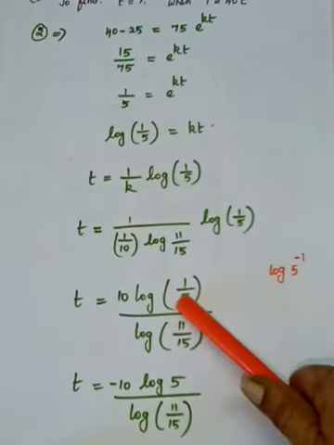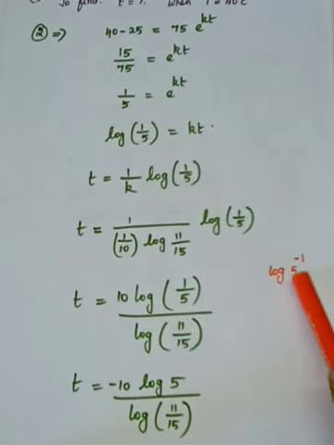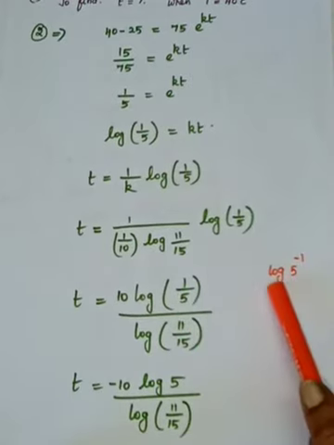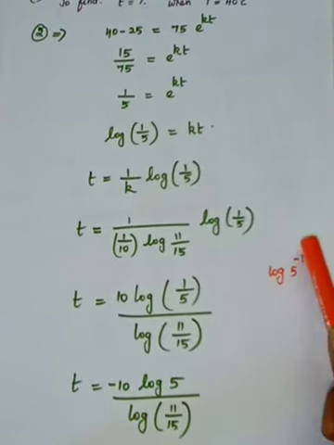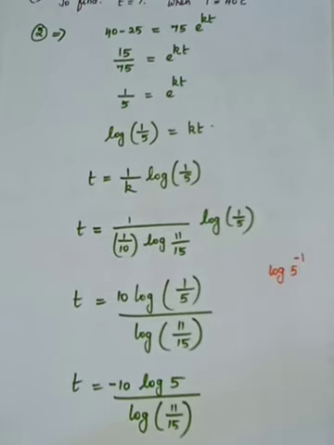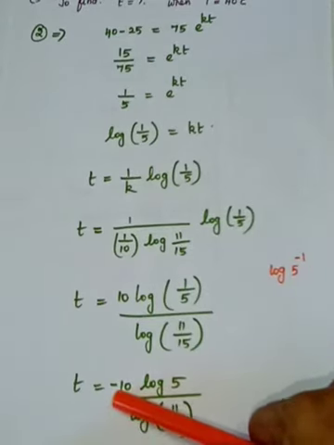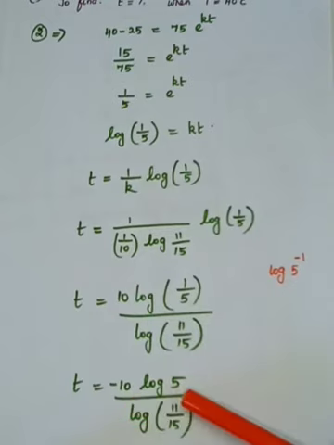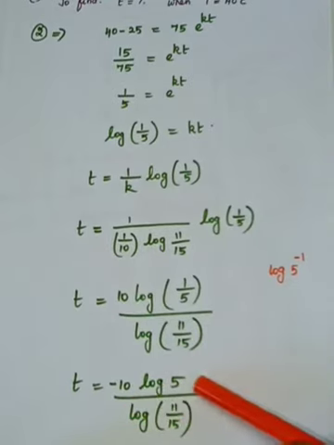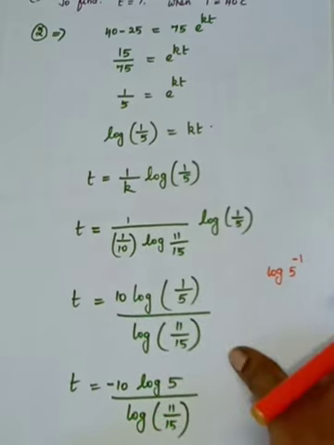Log a power m can be written as m log a. So the minus 1 will come to the front. So minus 1 into 10 is minus 10 log 5 divided by log 11 by 15.